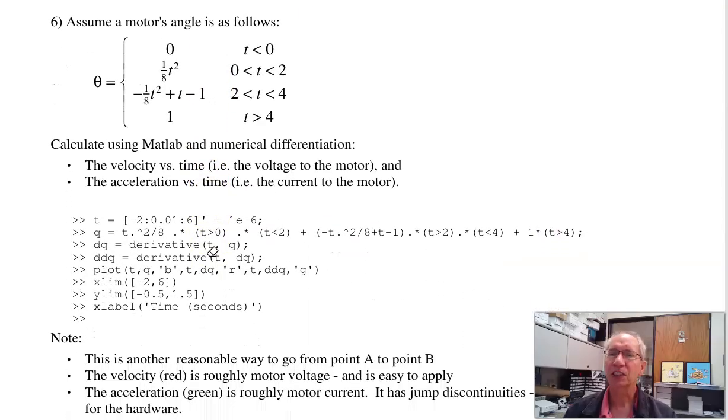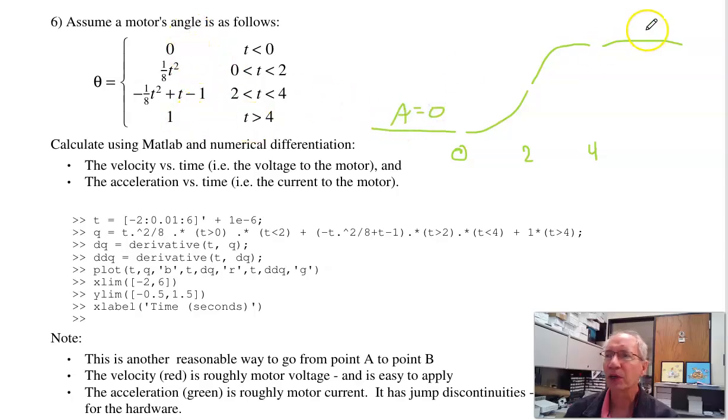Problem 6 is finally another approach. If I do 0 for t less than 0, do a parabola going up for t between 0 and 2 seconds, a parabola looking like this between 2 and 4 seconds, and then a constant, I'll have a piecewise function. For t less than 0, it is 0.